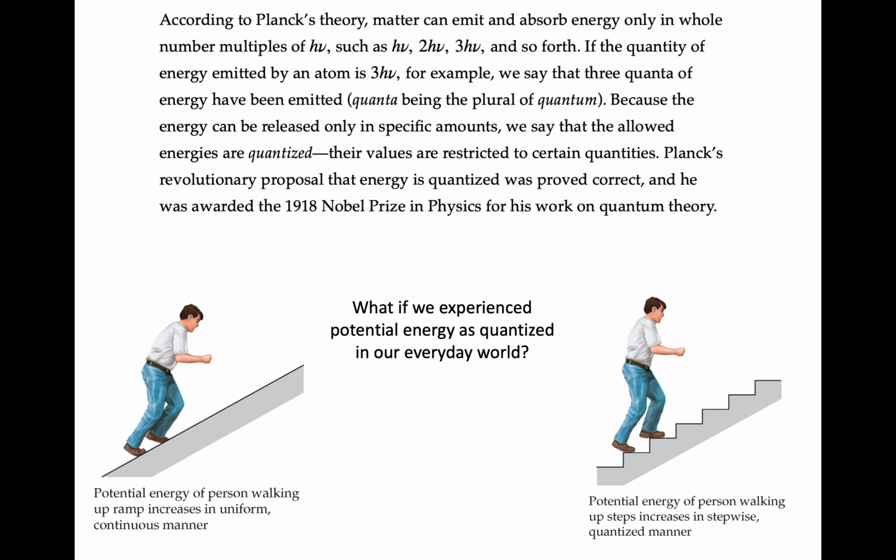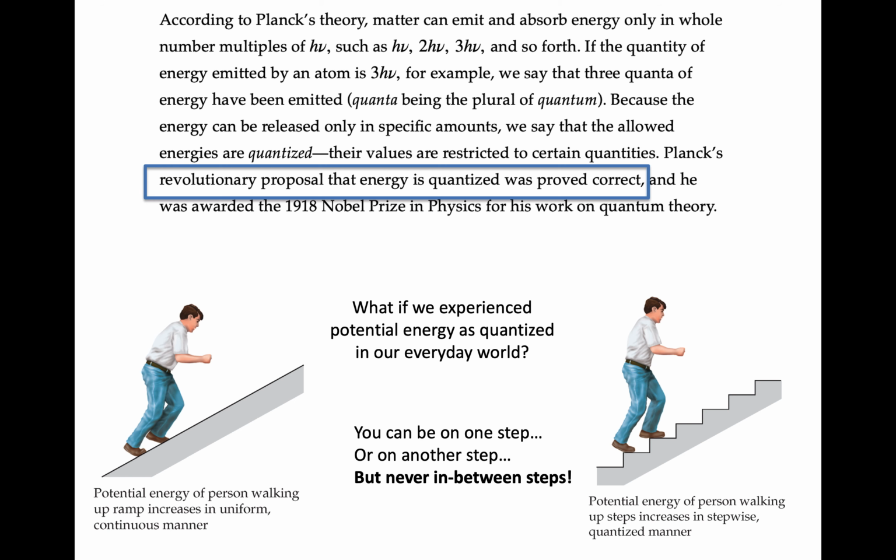Now, what if we really experience potential energy as quantized in our everyday world? I think the finding is more radical than these pictures suggest. Because that would mean that you could be on one step and have a potential energy. You could be on another step, but you could never be in between the steps. You had to have one of those quantized energy values. You couldn't be in between.